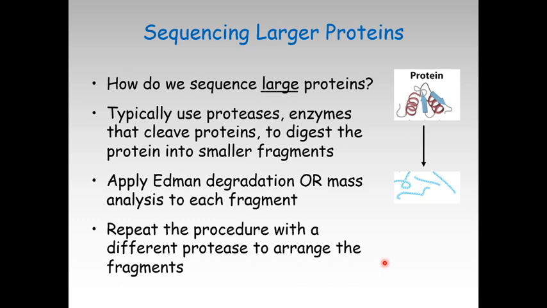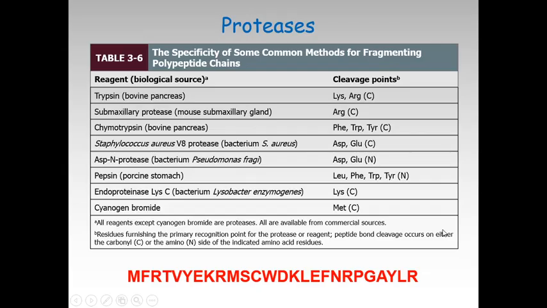So each protease has got a signature, and they'll only cleave between specific amino acid residues. So what are those signatures, and why are they important? The table shown in this slide gives you a description of some of the common proteases that are used in Edman degradation or mass spectrometric analysis. For example, trypsin from bovine pancreas is one of the commonly used proteases in these sequencing methods.